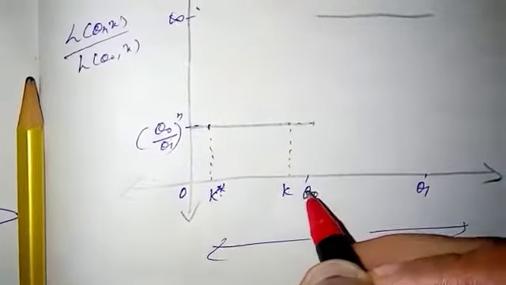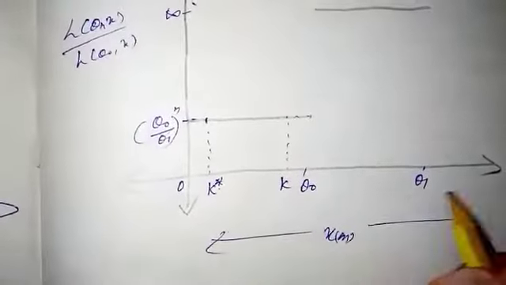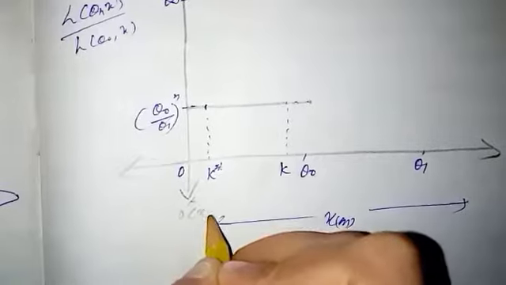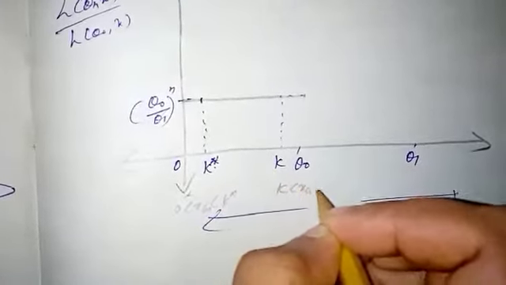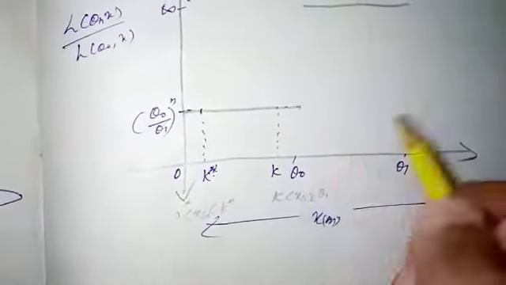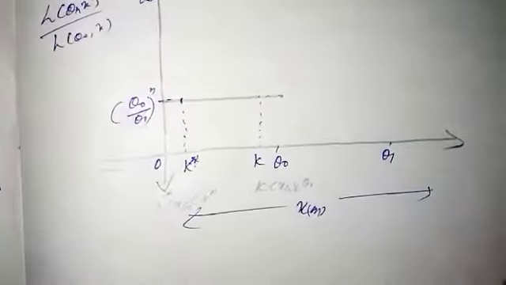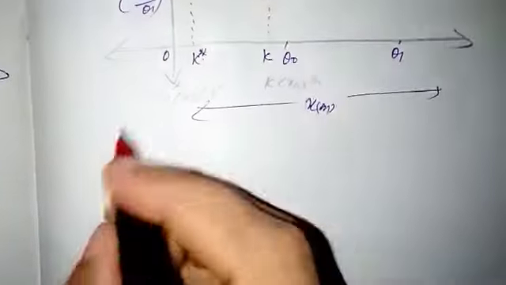First one is k star and second one is k. Then we get three rejection regions: 0 less than xn less than k star, and k less than xn less than theta naught, and theta naught less than xn less than theta 1 is also a rejection region, right?